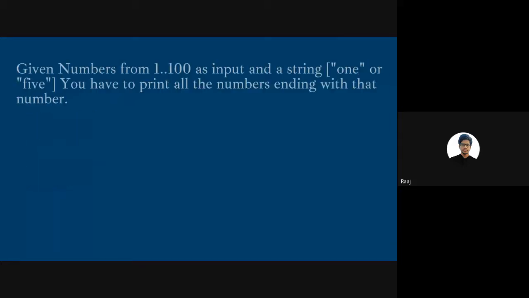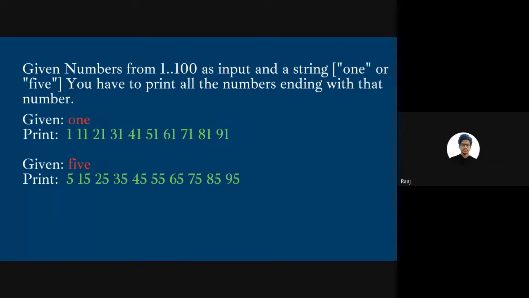Let's take a look into the next example. You are given numbers from 1 to 100, and you're also given an input such as ONE or FIVE, and you are going to print all the numbers in those 100 numbers that are ending with 1. If I give input as FIVE, you have to print all the numbers ending with 5 from that 1 to 100.